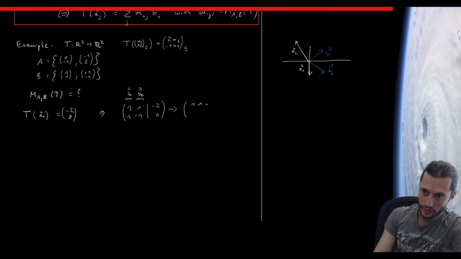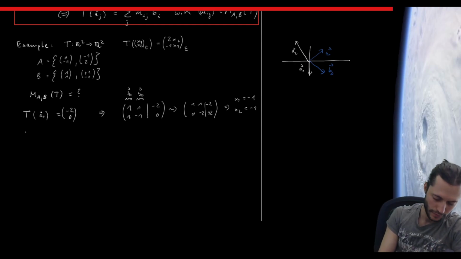So this is 1, 1, minus 2, 0, minus 2, minus 2, plus 2, very important, leading to, let's call it x1 and x2, equals minus 1, and x1 equals minus 1 as well, because minus 1 is minus 2.